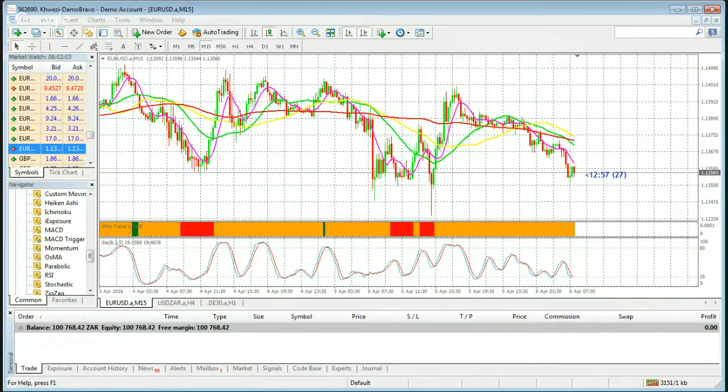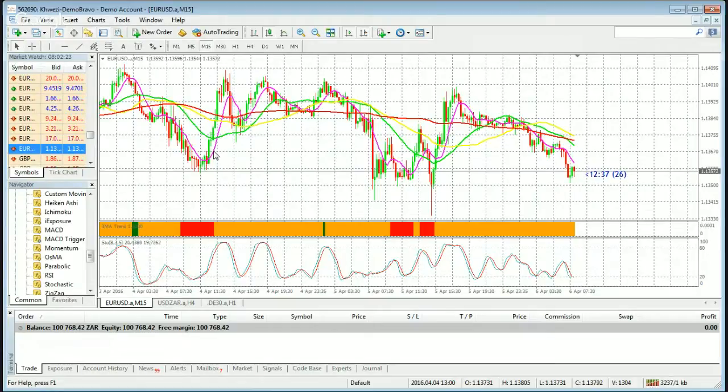Right now, the moving averages I'm using, to give you a good idea, we're going with the standard ones. The purple one we're seeing here, or the pink one, the platform calls it magenta, is my standard 8 moving average that I run with my stochastic setup.